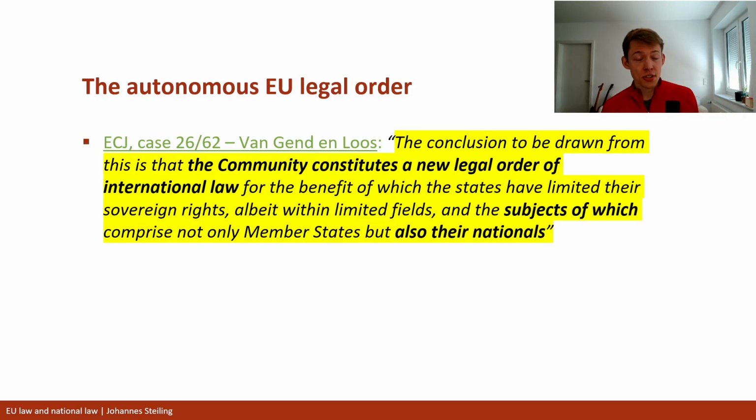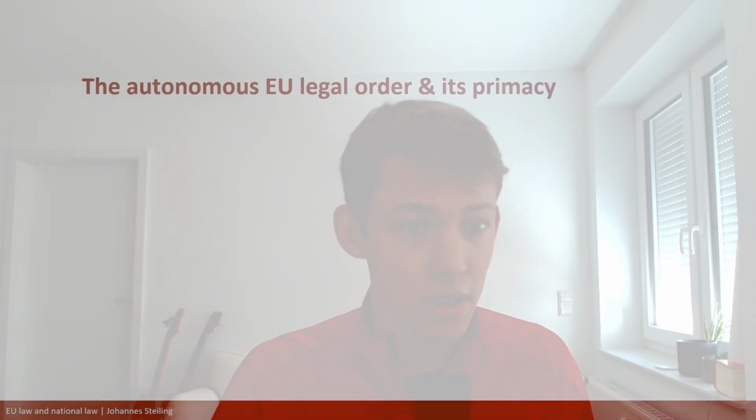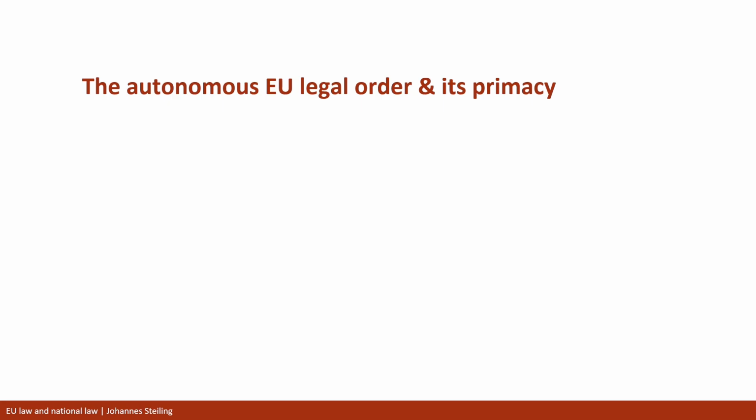And there's a second decision that we'll get into now, and this decision was the one that not only invoked the EU legal order but also primacy. So, you can see it better maybe like this.